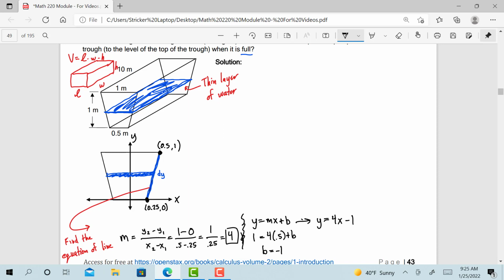Now, again, the length of this trough here, it changes according to the line. And so, any point on the line we can think of as an xy coordinate. And so in order to get to that point, you have to go over the distance of x, right?